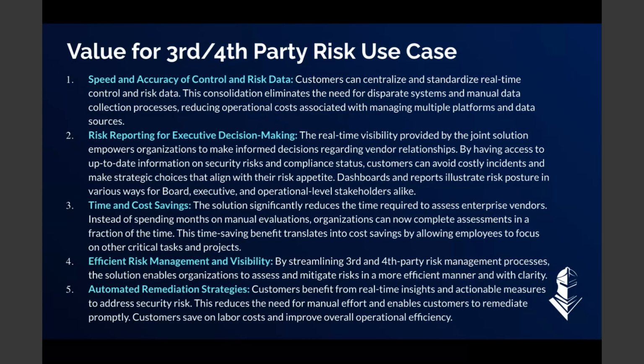It's almost impossible to solve in a manual way. In fact, you could even argue that not only is it almost impossible to solve, trying to solve it manually actually ensures that you're not going to solve it. So you need the speed and accuracy of the control and risk data. You need to centralize and standardize with real-time control and risk data.